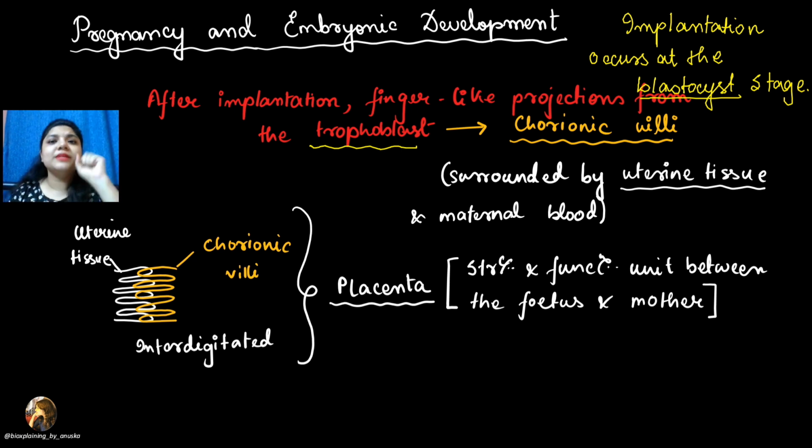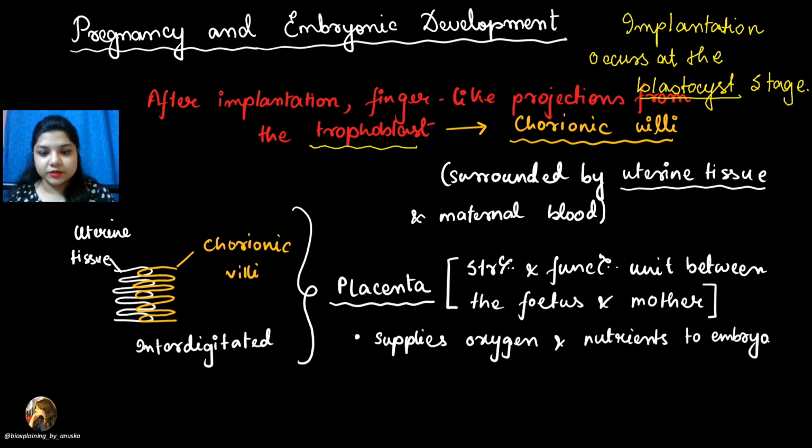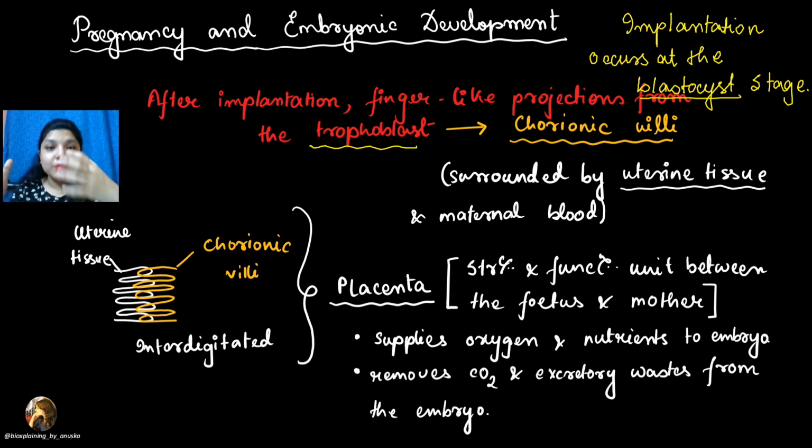Now, what does the placenta do? The placenta is responsible for supplying oxygen and nutrients to the embryo. Next, it removes the carbon dioxide and excretory wastes from the embryo.